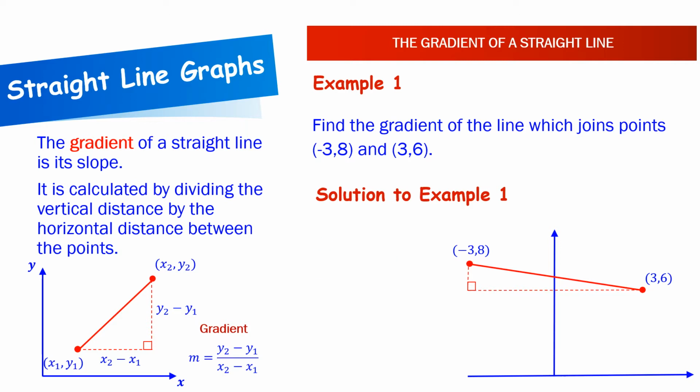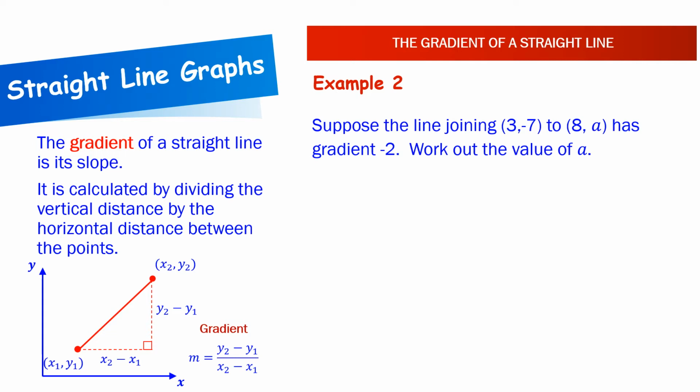Therefore, m equals y2 minus y1 over x2 minus x1 as shown. Tidying up, this gives us that m is equal to minus 2 over 6, or minus a third. So the gradient m equals minus 1/3.